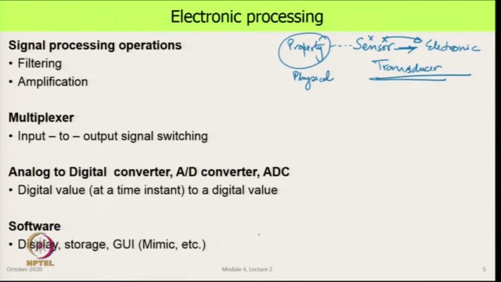Now, let us see what happens to that electric signal that comes out of this. One of the operations that we saw there was signal processing, where we do two things. We do filtering and amplification. After that, there was a multiplexer, which was basically nothing but input to output signal switching.